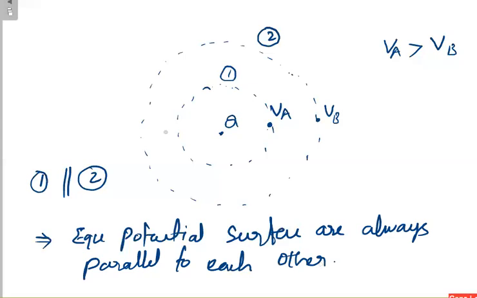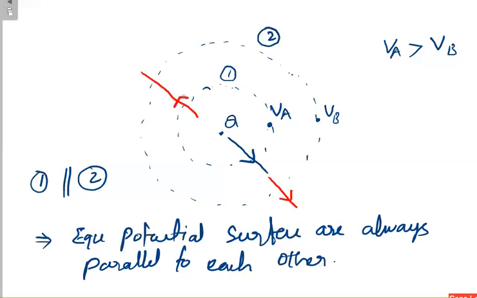Then one more thing is there. What is the direction of the electric field with respect to an equipotential surface? It is very clear that the electric field goes in this way, or in this way, or you take here, definitely the electric field goes in this way.